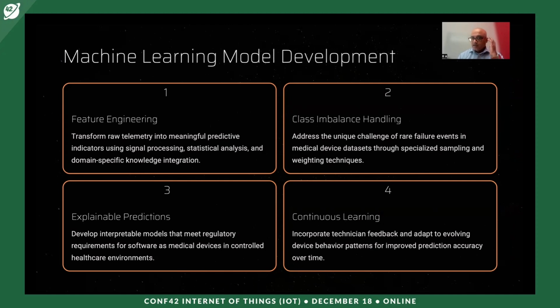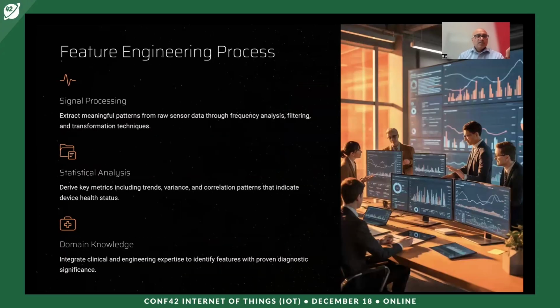We also handle class imbalance, addressing the unique challenge of rare failure events in medical device datasets through specialized sampling and weighting techniques. For explainable predictions, we develop interpretable models that meet regulatory requirements for software as a medical device in a controlled healthcare environment. Continuous learning incorporates technicians' feedback and adapts to evolving device behavior patterns, further improving prediction accuracy over time.